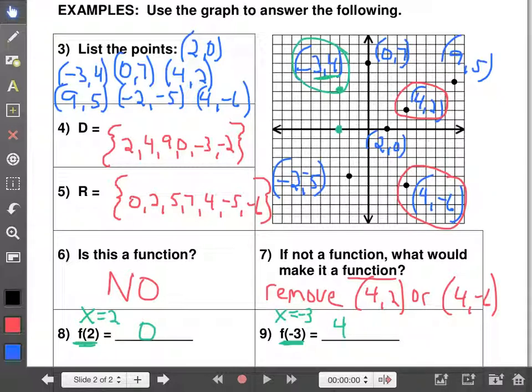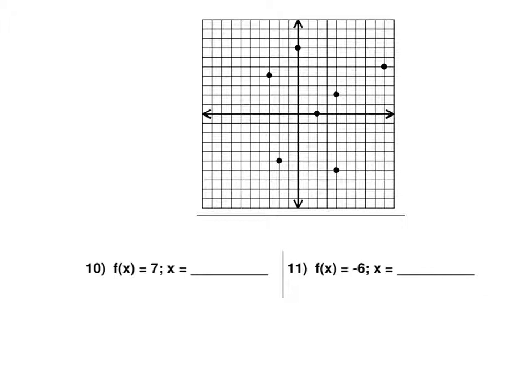Two more. All right, this is the same graph. I put it on a separate page, so I don't have everything plotted now, so we'll just kind of do it without that. So if you have x, it's asking you if f of x is equal to 7, then what is x? So write that down. If f of x is equal to 7, that means you don't know what the x is. Remember, you can replace the f of x with y.